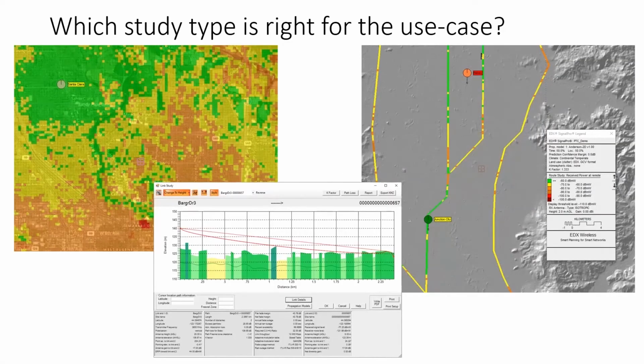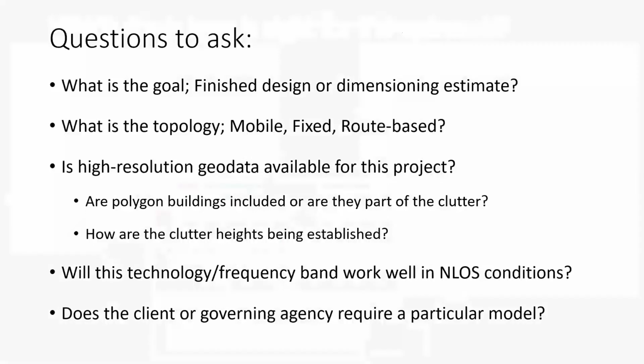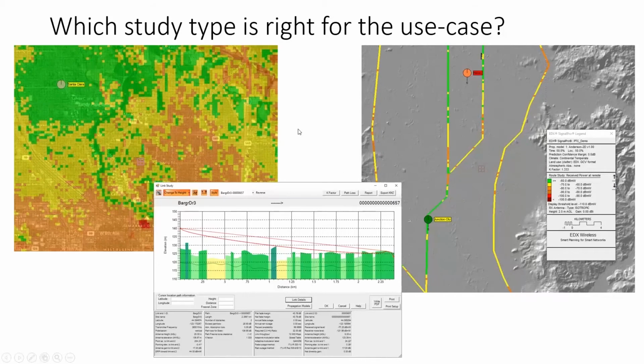So before we get into path loss modeling, I touched on this a little bit. The topology of the network, whether it's mobile, fixed, or route-based, implies a particular study type. And very often, I've found that folks who maybe have gotten used to other cheap or free propagation modeling software get used to doing everything with an area coverage plot, with a heat map.